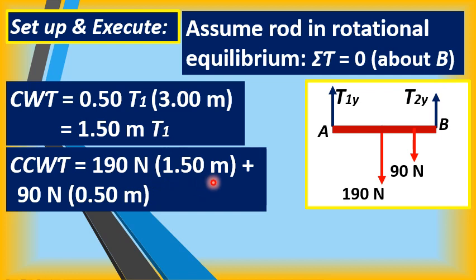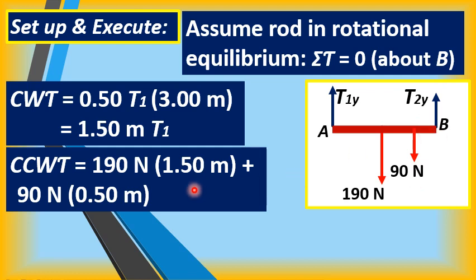That's multiplied by its corresponding lever arm, which is 1.50 meters. From the axis of rotation, point B, the line of action of the 190 newton force is just half of the length of the rod, and that is 1.50 meters, while the lever arm corresponding to the 90 newton force is 0.50 meters. That is the distance of the line of action of the weight of the monkey from the right end of the rod.